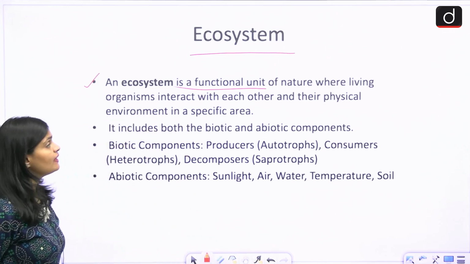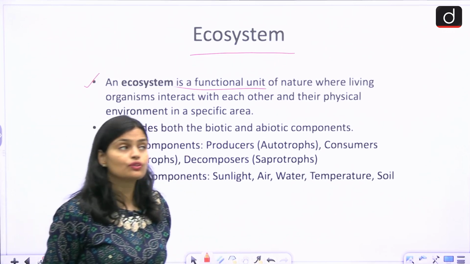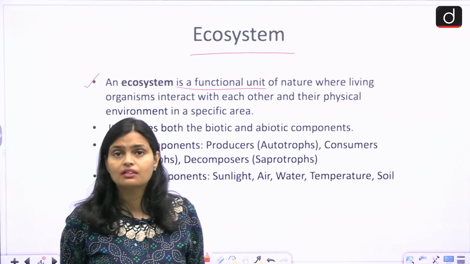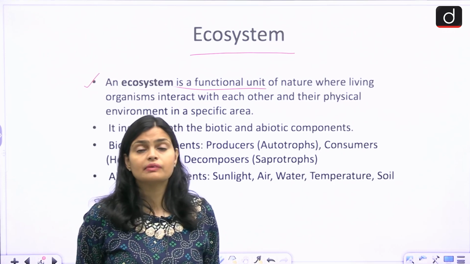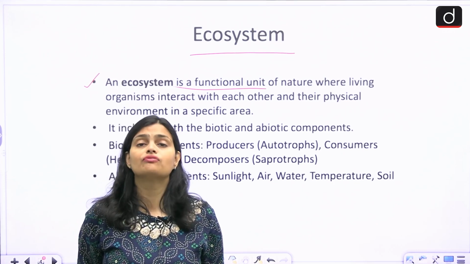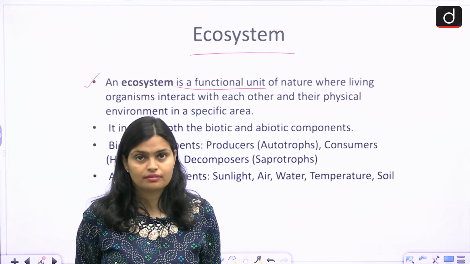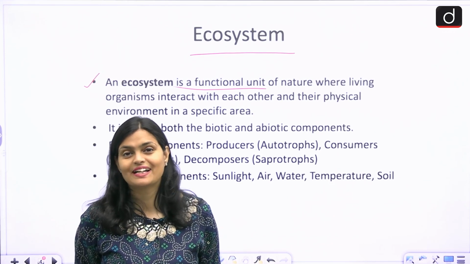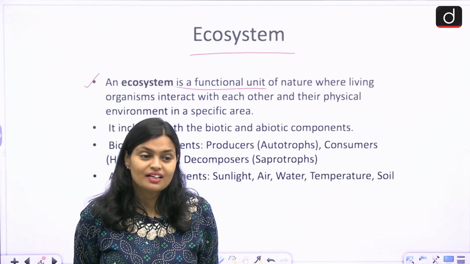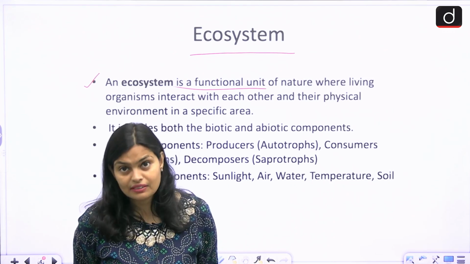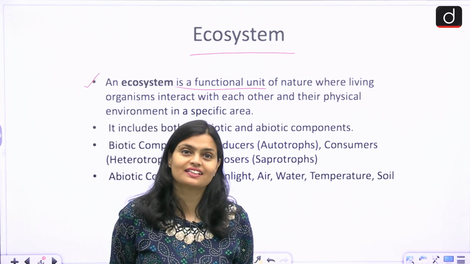If I talk about nature, that means whatever environment you are living in, that is nature. So ecosystem is the functional unit of nature. Suppose you are living in a pond. Suppose your house is inside the pond. Pond is a part of nature and your residential area is in the pond.